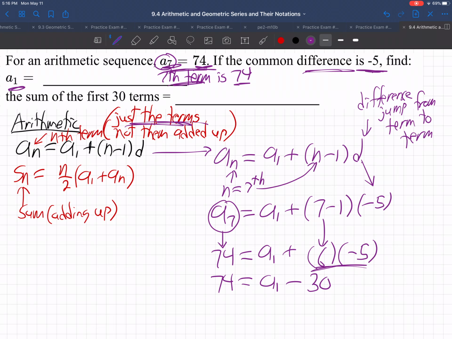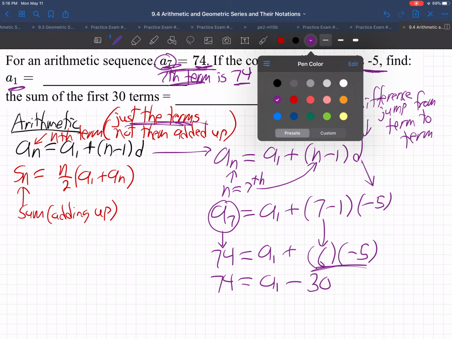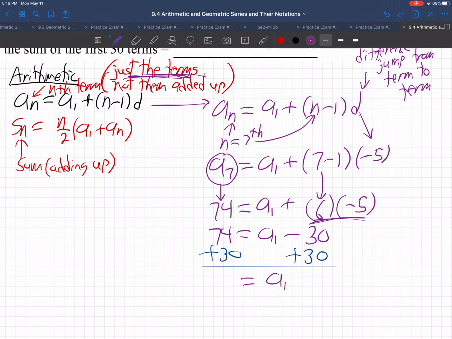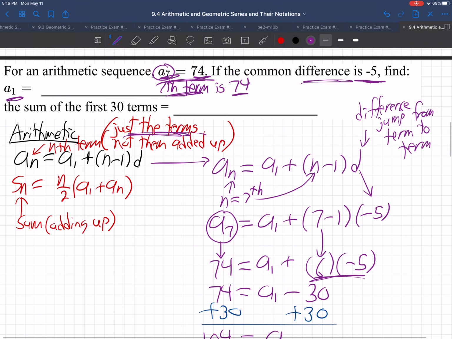Finish getting a sub 1 alone there. Add 30 to both sides. There we go, and so we're almost in business.